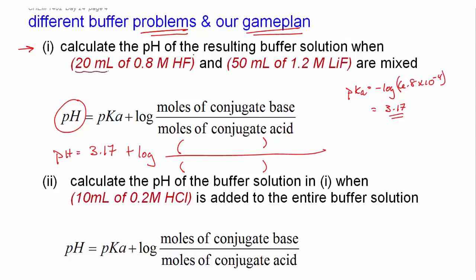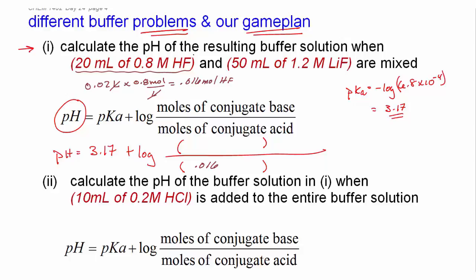Here's our conjugate acid. How do you get moles? Well, we know the volume, 0.02 liters, right? Move the decimal place over 3 places. Big N is just moles per liter, so 0.8 moles per liter. My liters cancel, I'm in moles. So 0.02 times 0.8 is 0.016 moles of my conjugate acid.